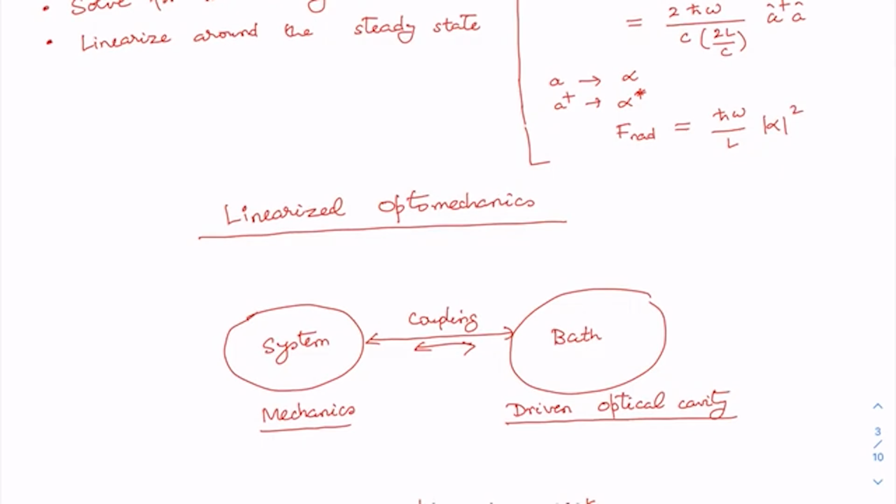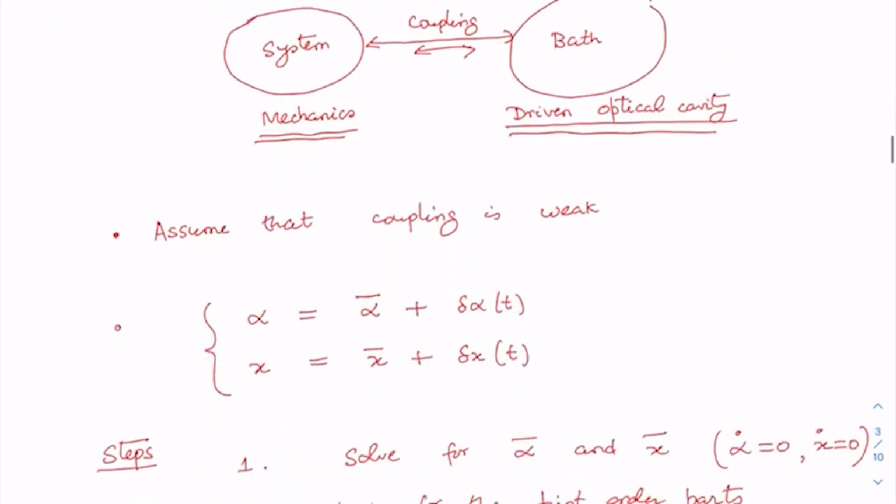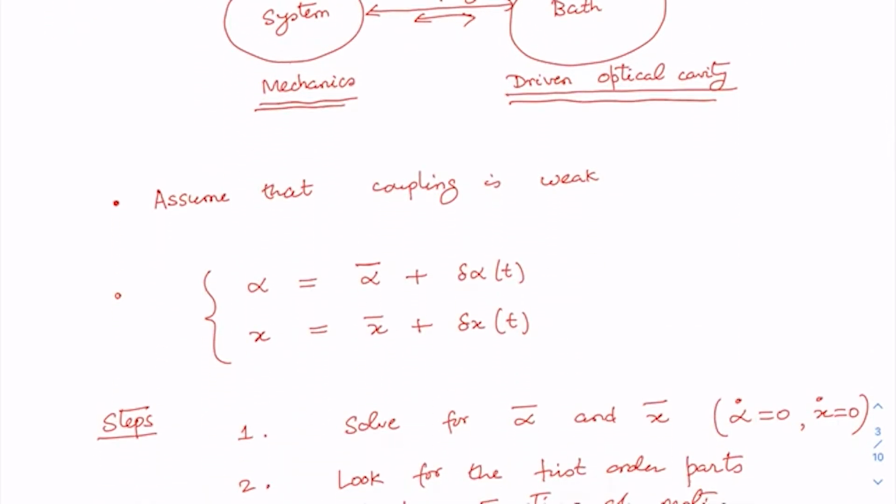By system we mean the mechanical system, the mechanical harmonic oscillator, and by the bath we mean the driven optical cavity. So basically the mechanical system is surrounded by the optical field, which is considered to be the bath, and the coupling is considered to be weak.